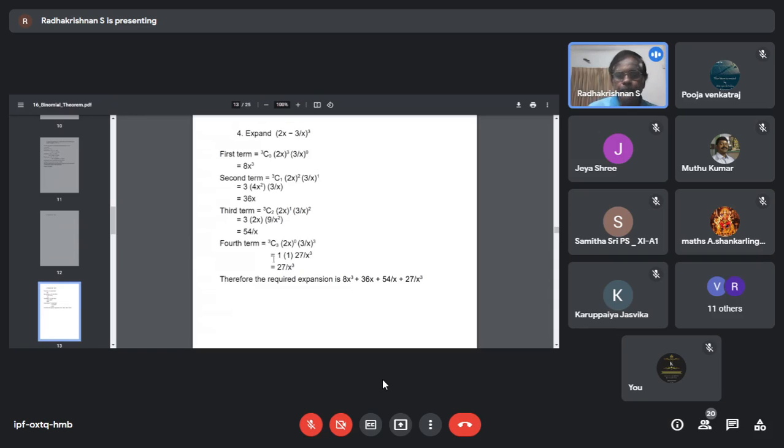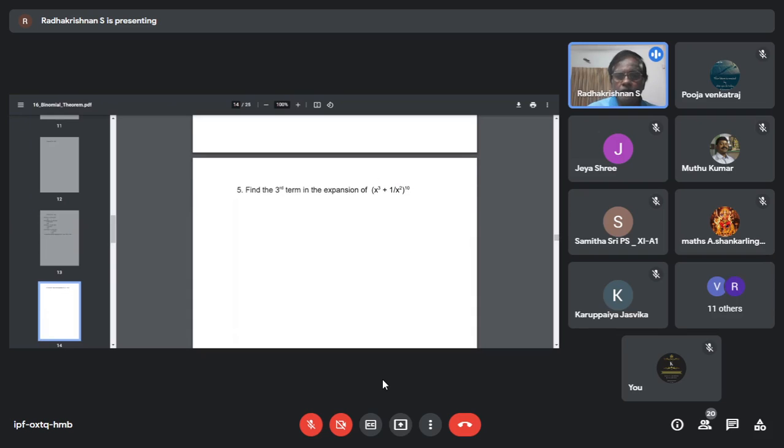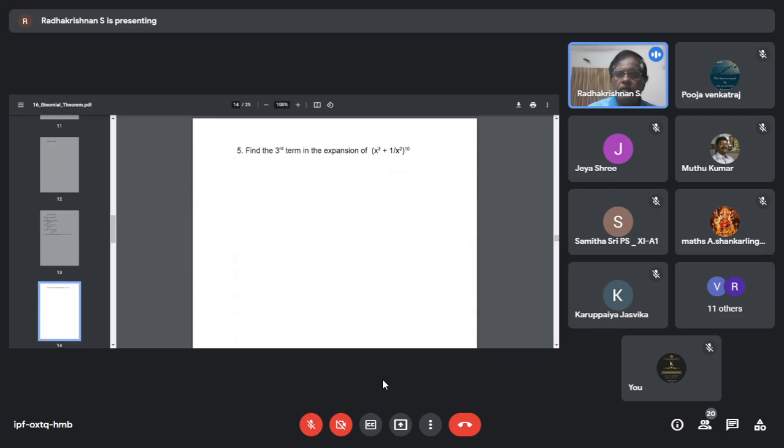Here I'm going to give some slightly different problems, not simple expansions. This is relatively straightforward.